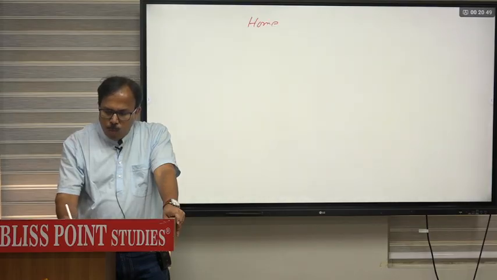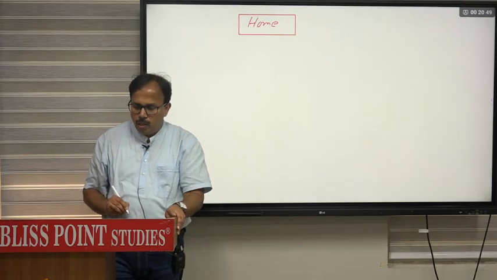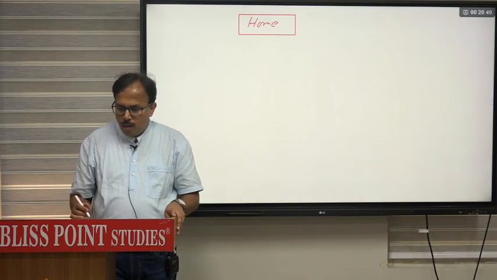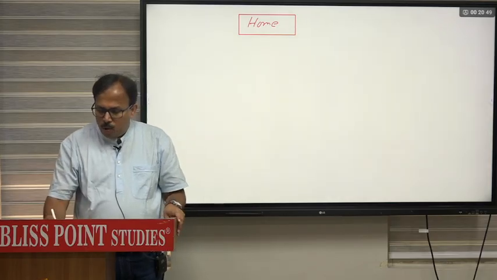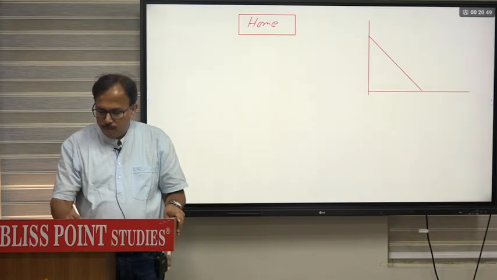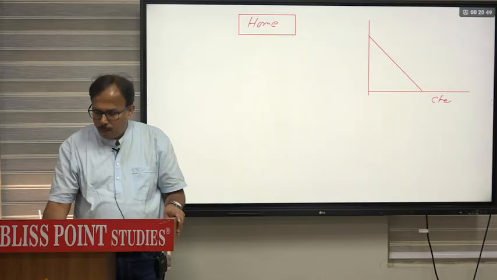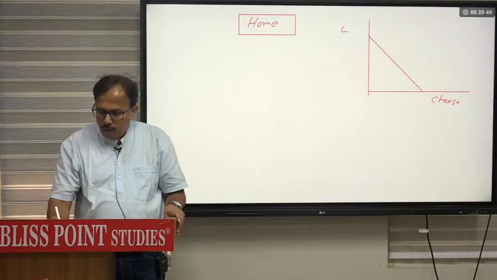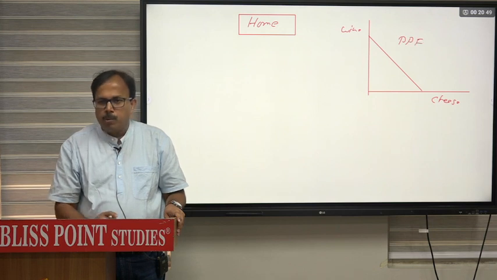just focus on home country first. देखिए, for home country we have drawn the production possibility frontier PPF for cheese and wine. See, production possibility curve just indicates what are the possibilities of production.